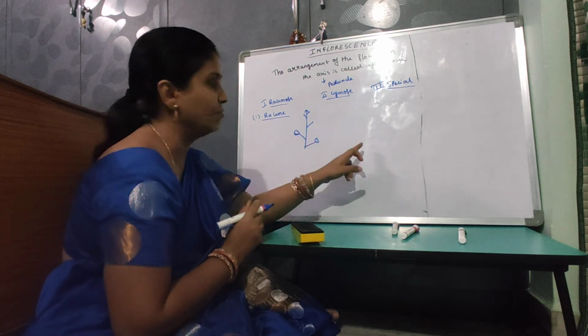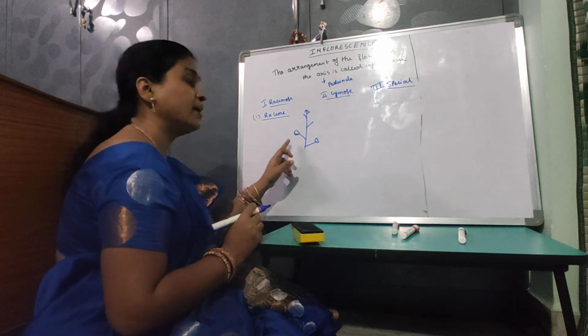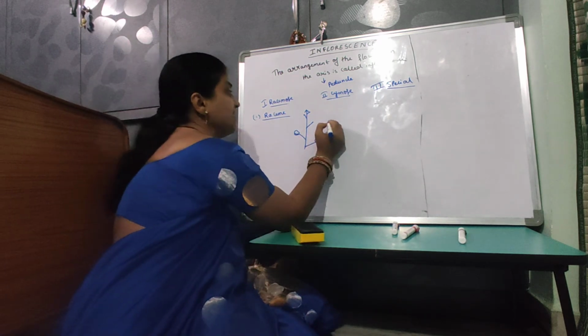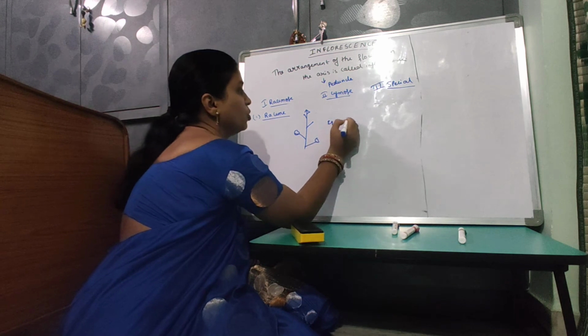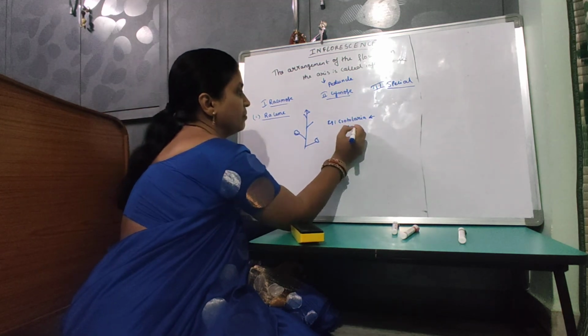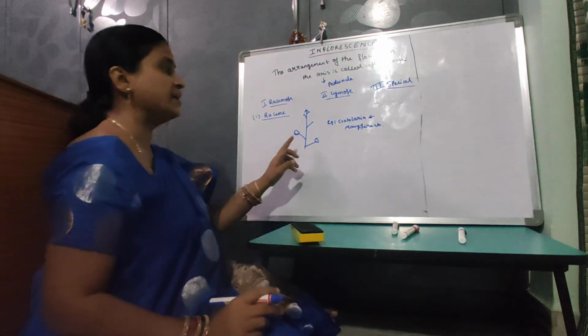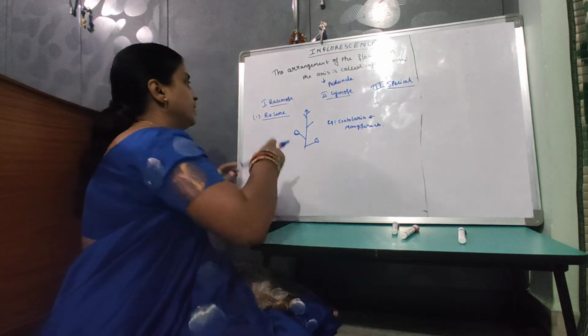If it is branched, compound raceme. If it is unbranched, it is simple raceme. Here pedicellate flowers are present. Examples: Crotalaria and Mangifera.